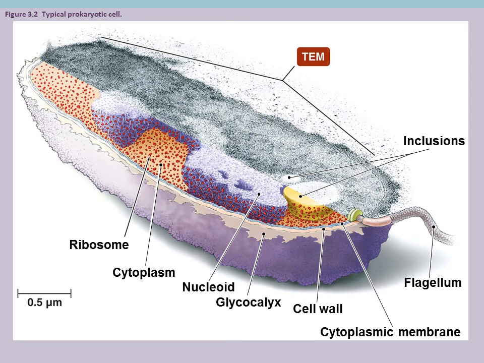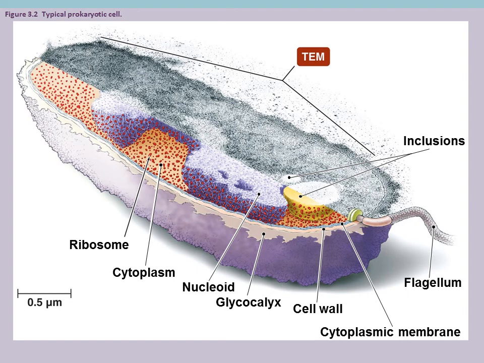In this representative drawing, you see the typical prokaryotic cell. The nucleoid is just a region where the DNA tends to accumulate, but it's not a nucleus. You do have the cytoplasm, which is the fluid inside the cell. You do have ribosomes that are present. Depending on the cell, you do have various inclusion bodies.